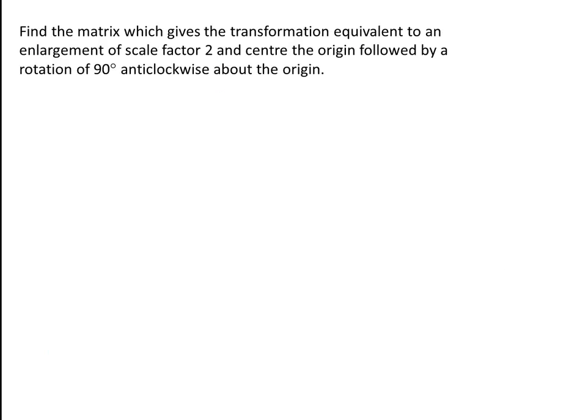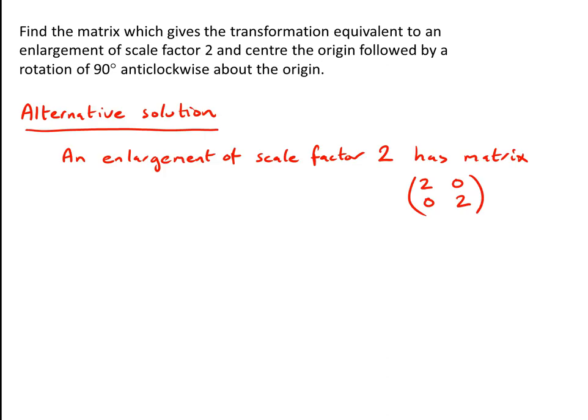Now we return to an example that we looked at earlier on. We know that the matrix for an enlargement of scale factor 2 and centre the origin is the matrix 2, 0, 0, 2. We also know that the matrix for a rotation of 90 degrees anticlockwise about the origin is the matrix whose first column is 0, 1 and whose second column is -1, 0.